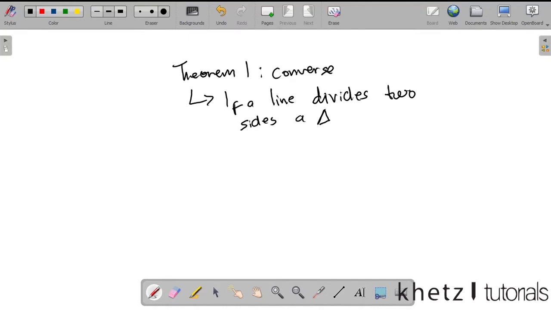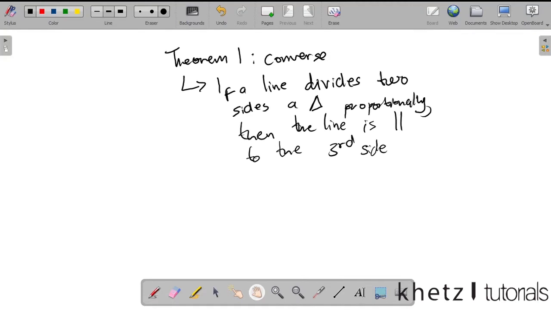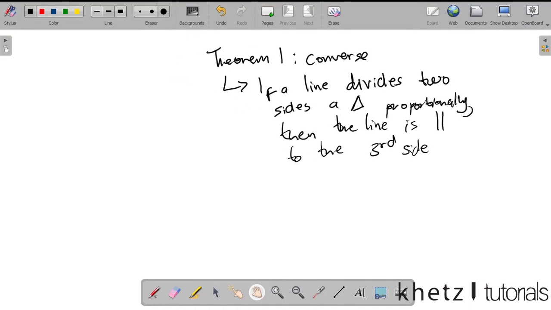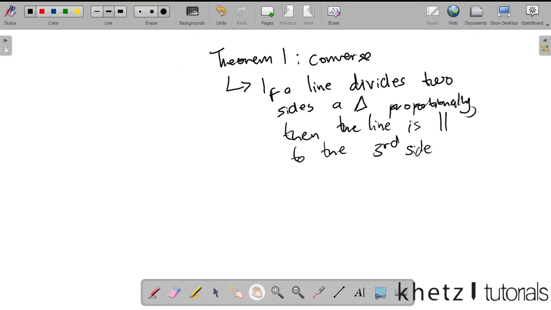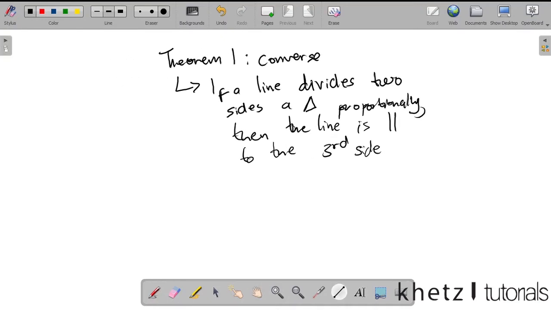So if a line divides two sides of a triangle proportionally, then the line is parallel to the third side. And a diagram is going to be quite useful for this, so let's do that.